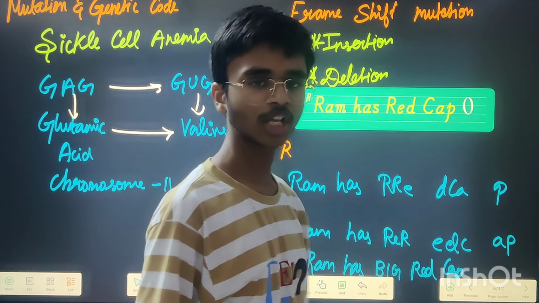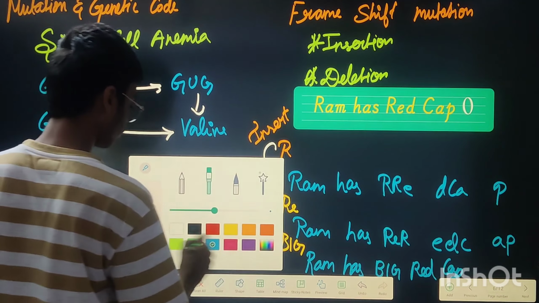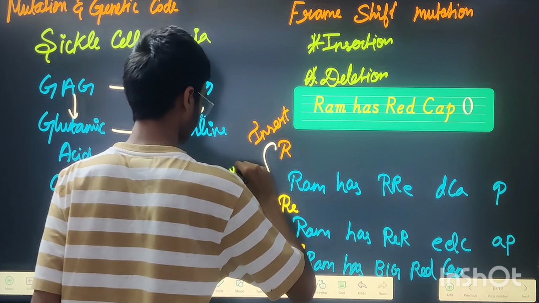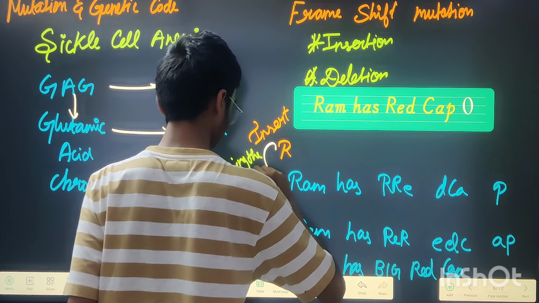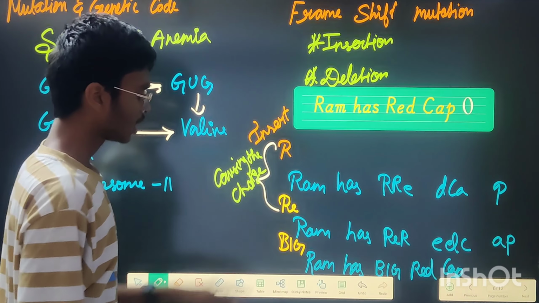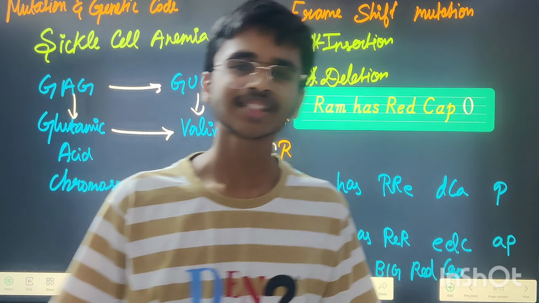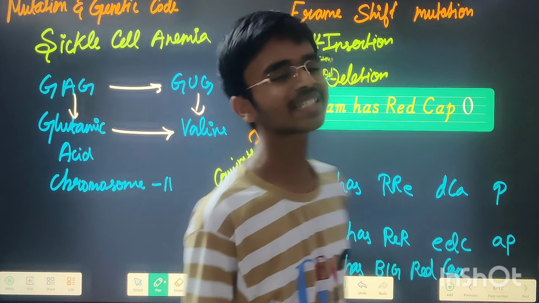Other than that, there is no other change. So these two that got inserted are what cause the change. This "big" is not causing anything, it is just a mere insertion.